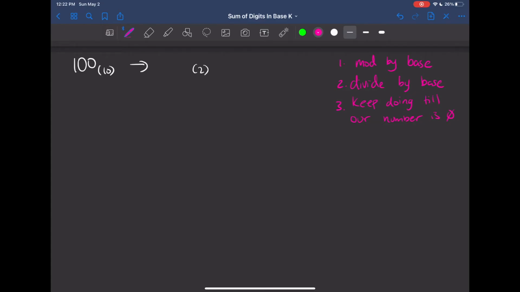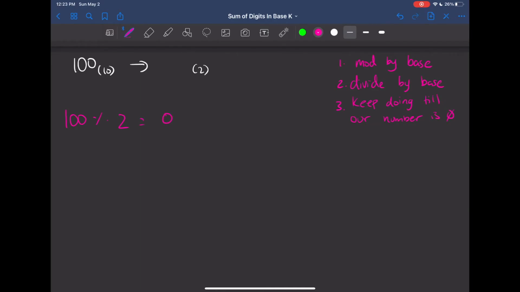So watch this. I'm going to have my number 100, which is in base 10, and to convert it to binary of base 2, I'm going to mod this first by the base that we're trying to get to, so base 2. So I'm going to mod this by 2, and what is that number that we get? We get 0 here.